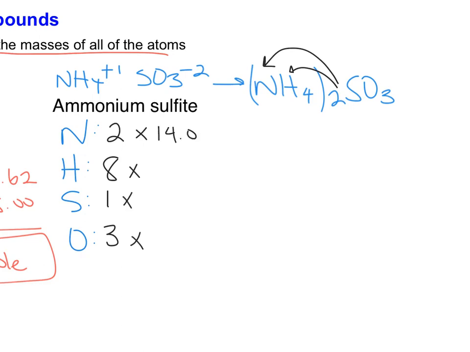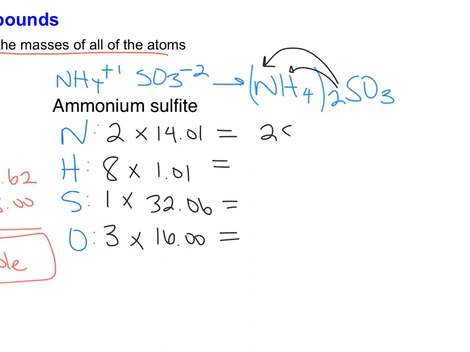Nitrogen's 14.01, hydrogen is 1.01, sulfur is 32.06, and last, oxygen. Again, don't have to worry about it being a diatomic since it's part of a compound. It's going to be 16. So then double nitrogen, we're going to get 28.02. 8 times hydrogen, we're going to get 8.08. 1 times 32.06, that's easy.